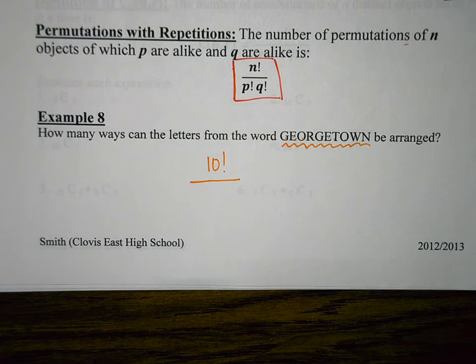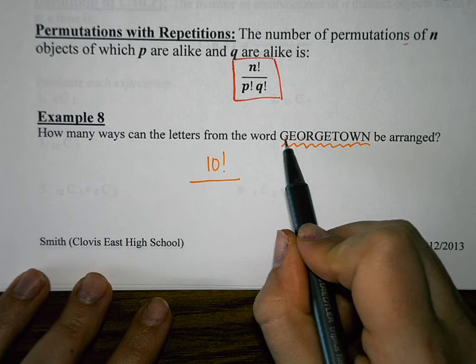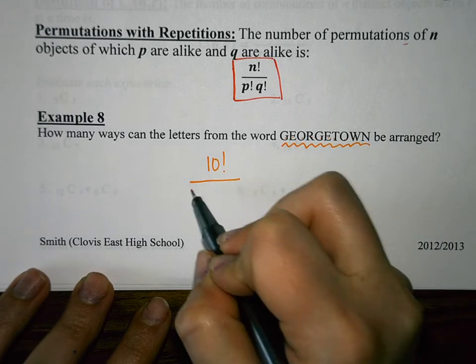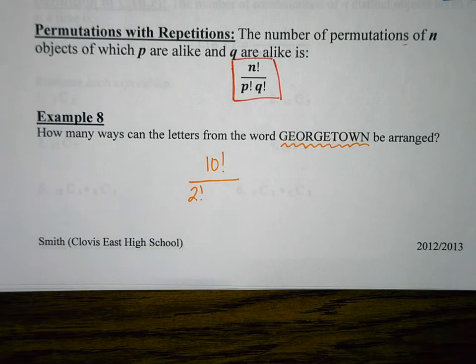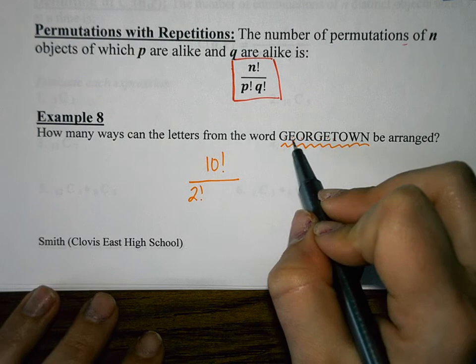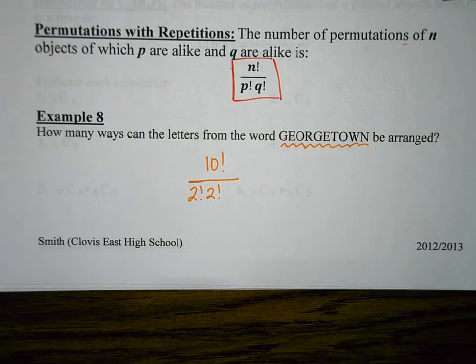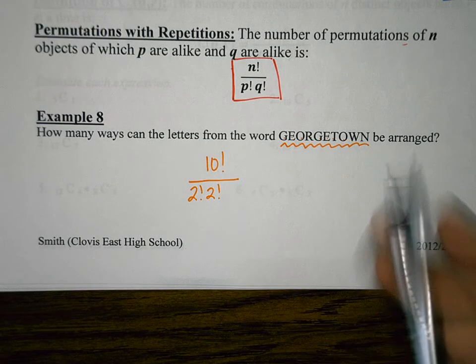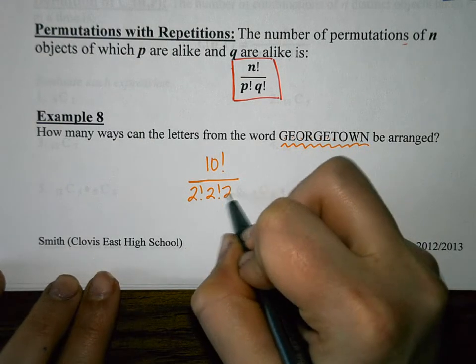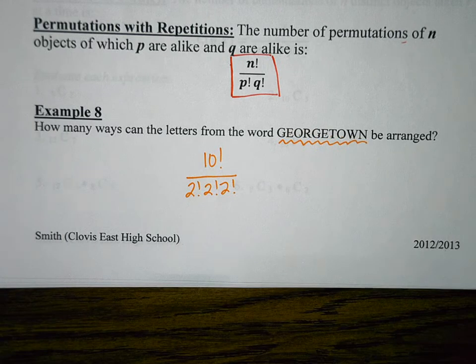So we have a G being repeated 2 times. We also have an E being repeated 2 times. And we have an O being repeated 2 times. All the other letters are not being repeated, so we don't have to worry about them.